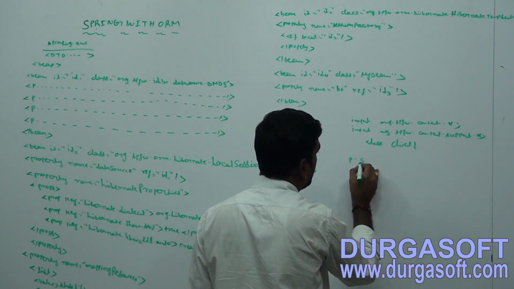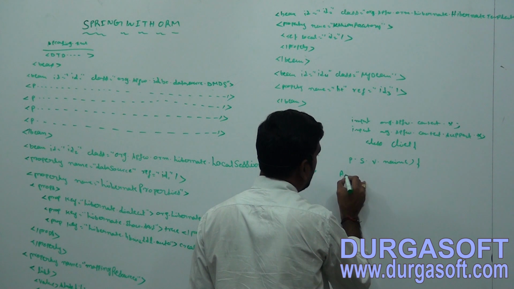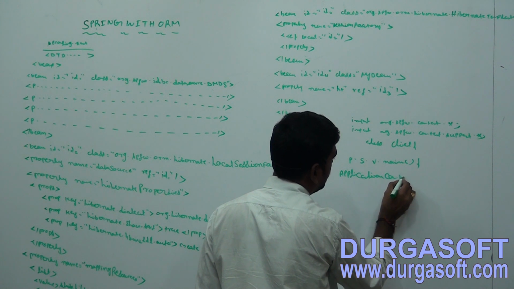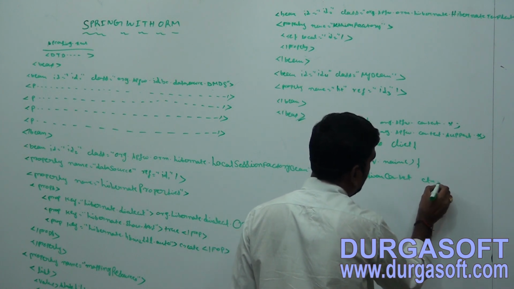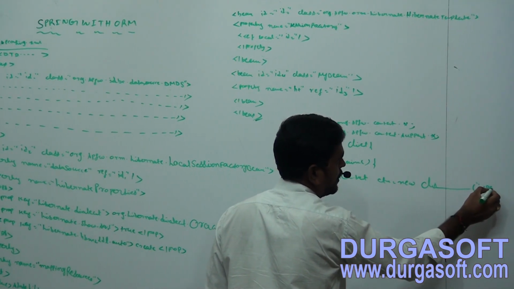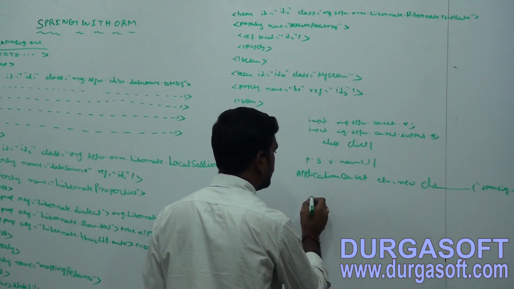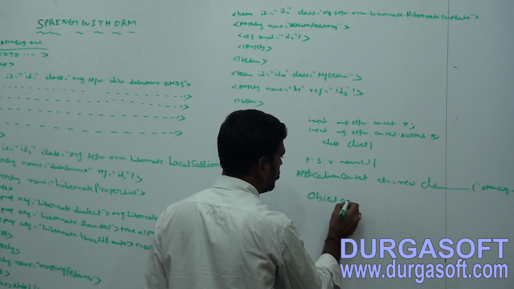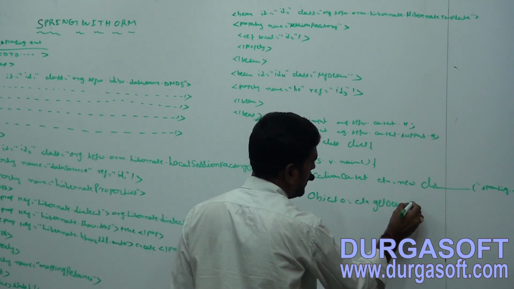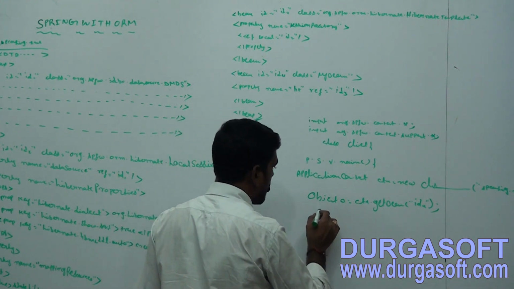The next public static void main. Now ApplicationContext ctx is equal to new ClassPathXmlApplicationContext. Now we can pass spconfig.xml. After that, Object o is equal to ctx.getBean of id4. Then typecasting to the MyBean.